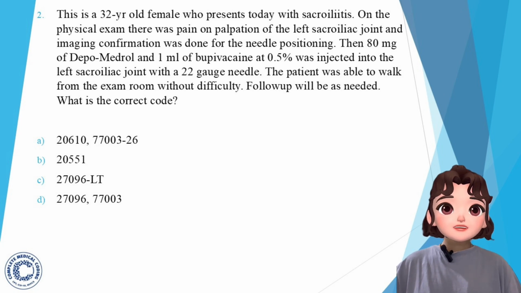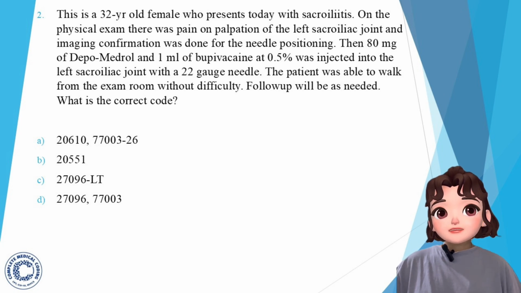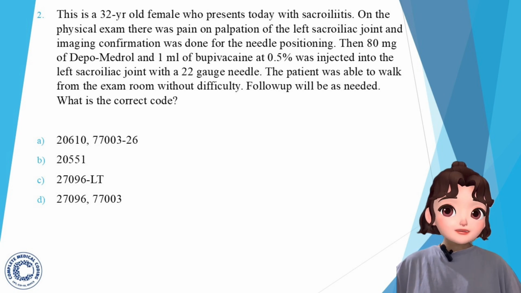What is 27096? The code 27096, injection procedure for sacroiliac joint, anesthetic or steroid with image guidance, fluoroscopy or CT, including arthrography when performed. Yes, this is what we need, right?